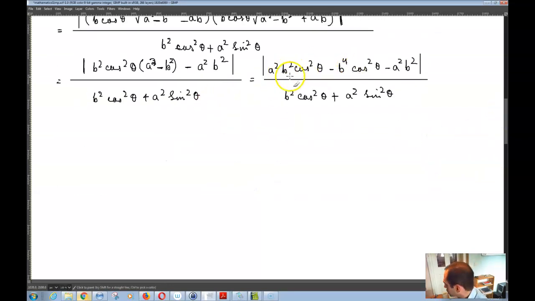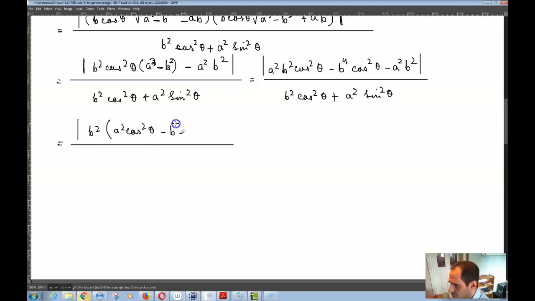So now if I take the b squared out, I can write this as the absolute value of b squared times a squared cos squared theta minus b squared cos squared theta minus a squared, over b squared cos squared theta plus a squared sine squared theta.